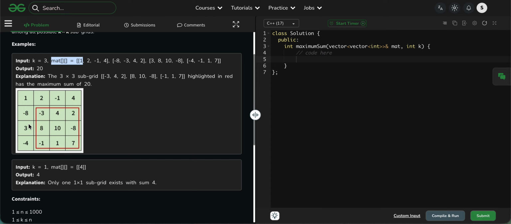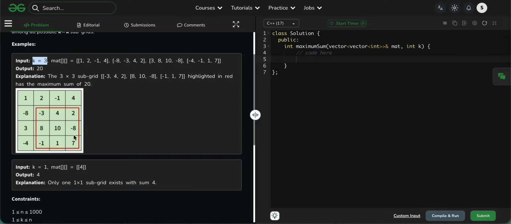So what is the maximum value? We have to take the k by k grids in the matrix, add them up, and return the maximum sum.